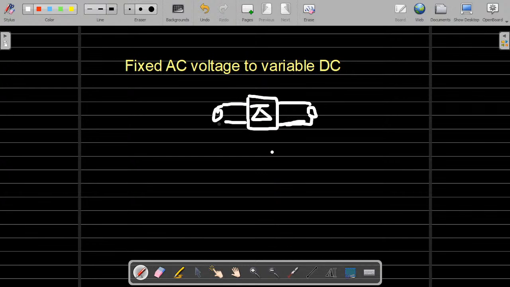So let's say this is the AC supply side. So obviously this is a fixed AC to fixed DC, isn't it? This is fixed AC to fixed DC. AC side and DC side.